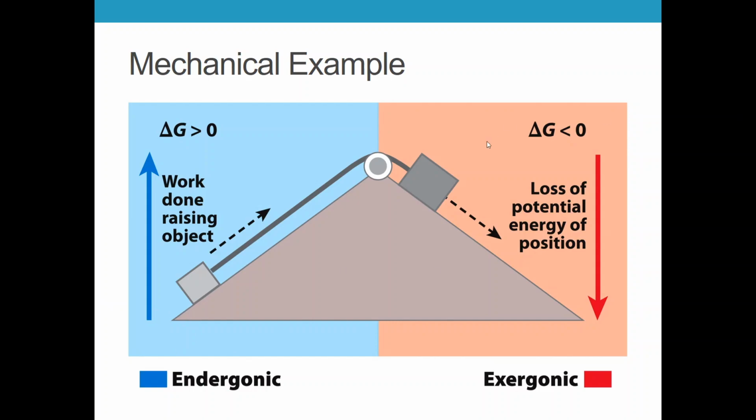Once I bring it to the top of the incline, I let it go and gravity will take care of the rest. The box will just fall down the hill, assuming that friction doesn't slow it down too much. There, I have an exergonic process. The box is moving, and I don't have to put in the energy to make it happen myself. So that's an exergonic process with a delta G that would be negative.